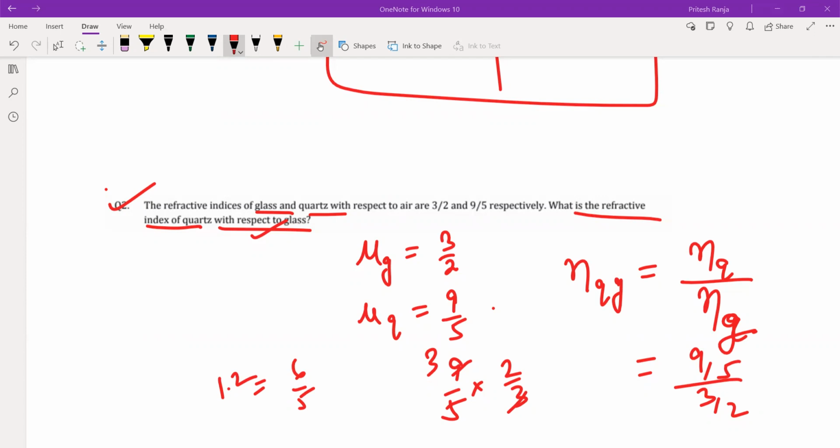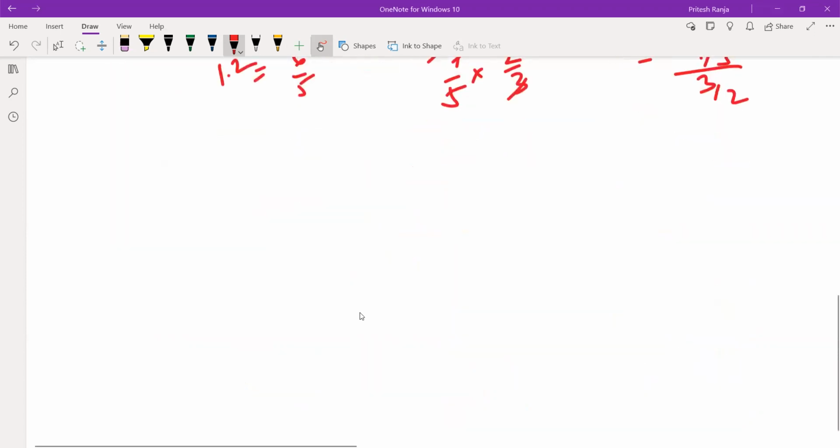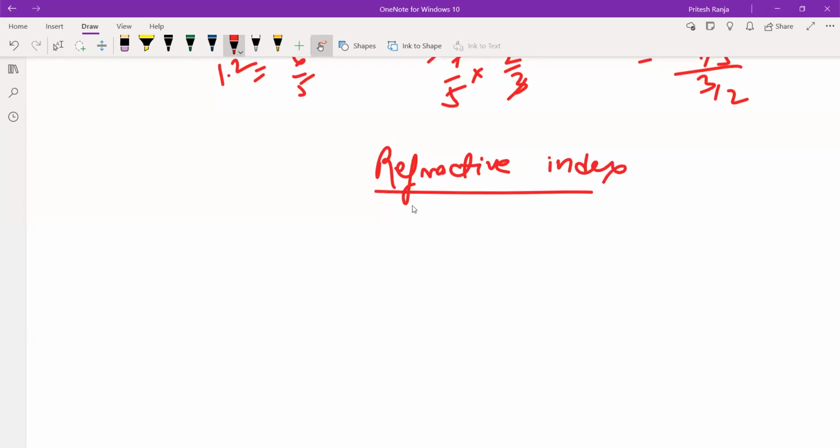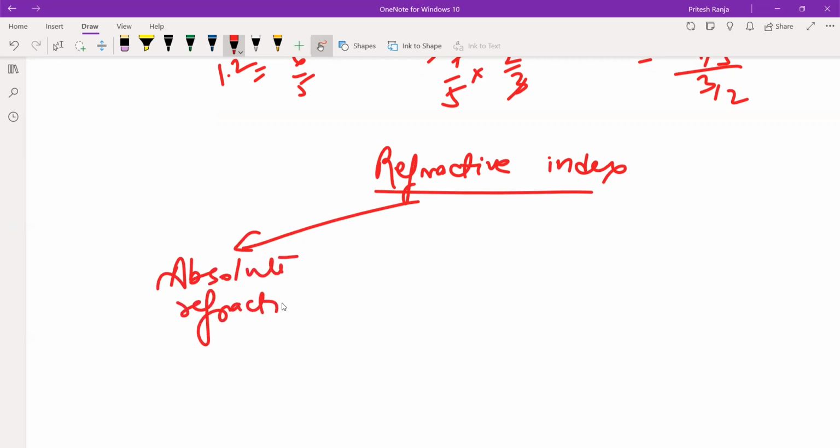Okay, so here we confirm that there are two types of refractive index. One, absolute refractive index, and relative refractive index.